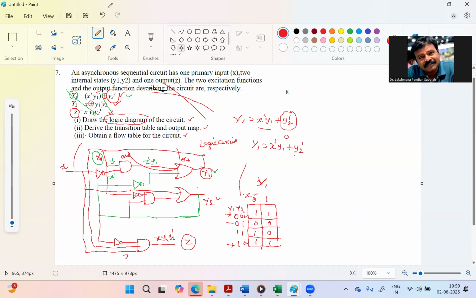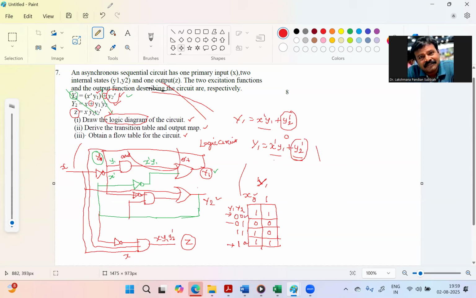In that 8 column, how do you fill that one? Y2 dash. Here we are having now Y2 dash, Y1 is missing and X dash. So here we consider now only the Y2 dash is 0. So wherever Y2 is 0, all row you have to fill 1 1 because of this term, right? Here we are having X dash Y1.